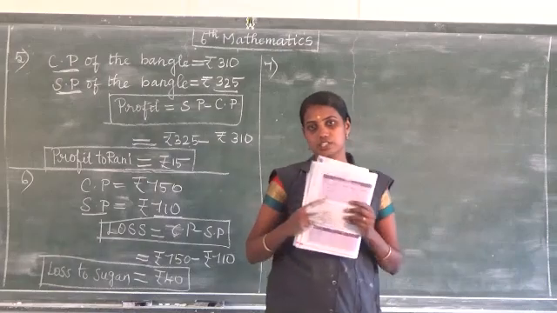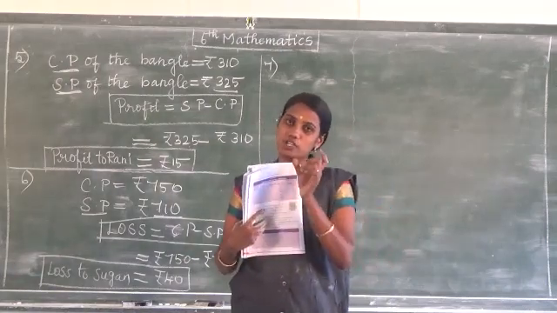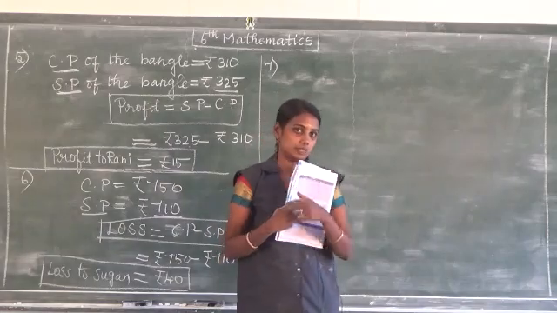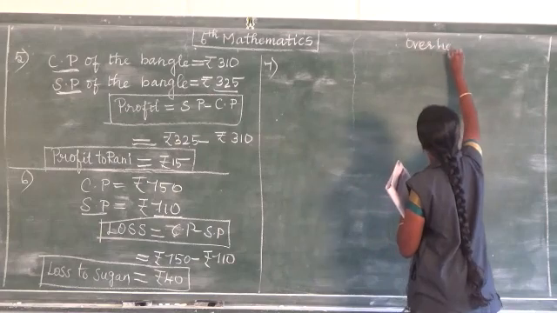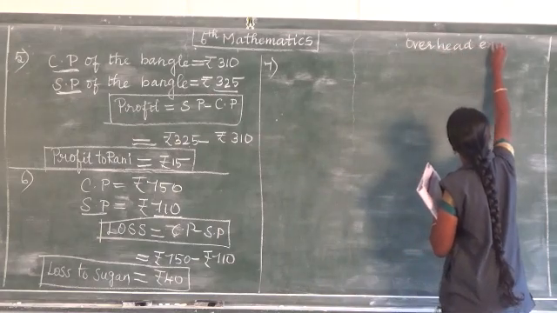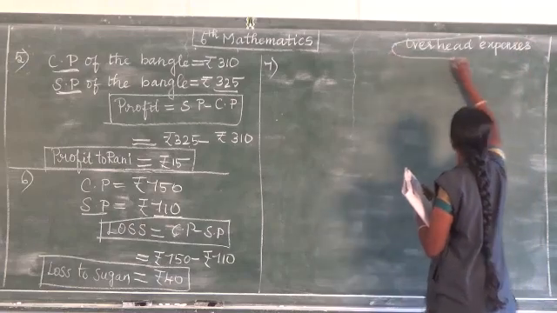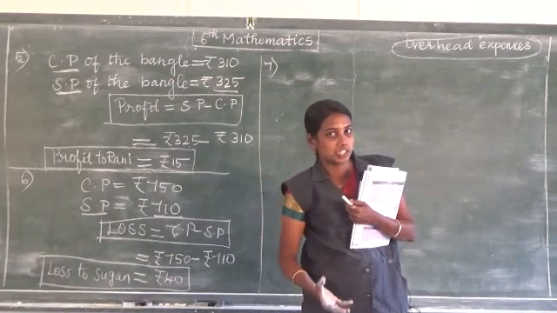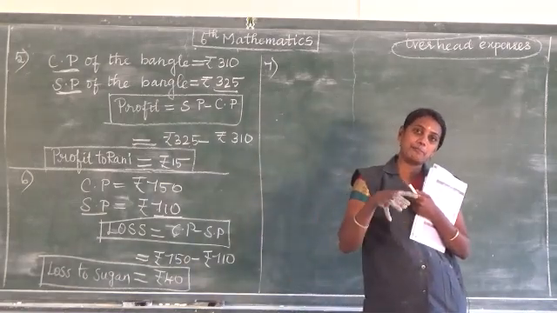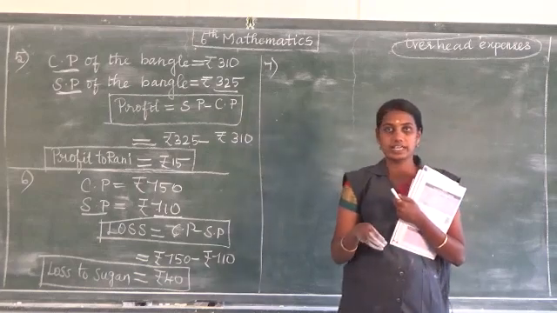Once again, listen to me. When I talked about the cost price, I used the words overhead expenses. It means apart from the purchase price, if you spend some money on the thing or article, that is called overhead expenses.